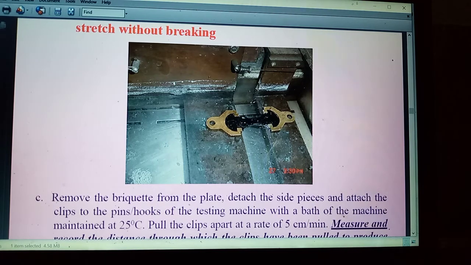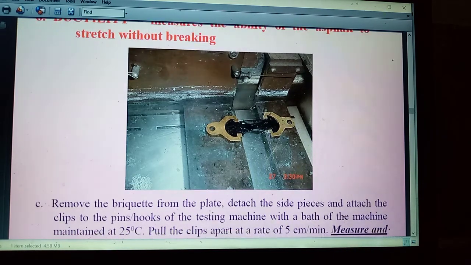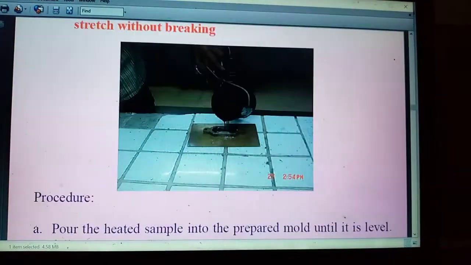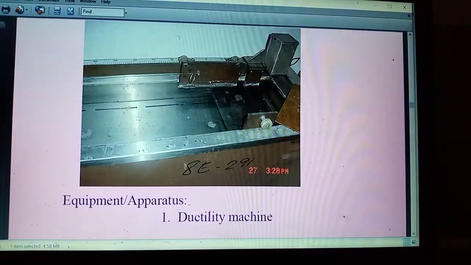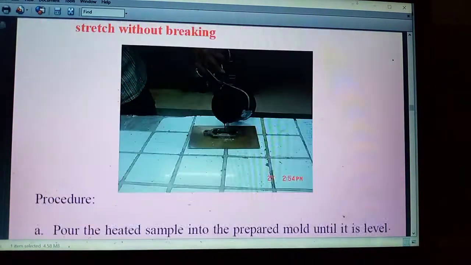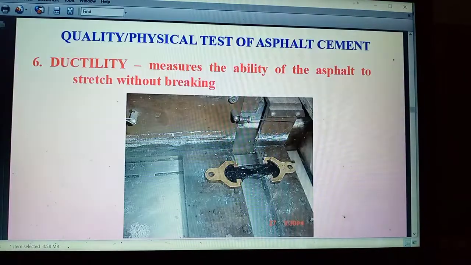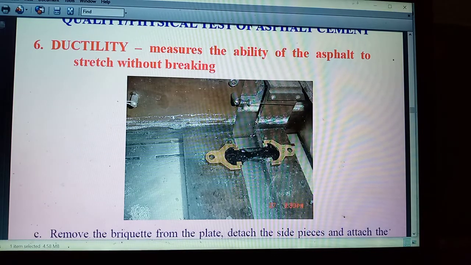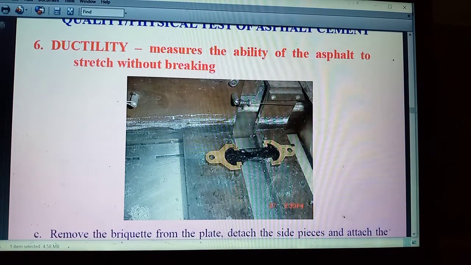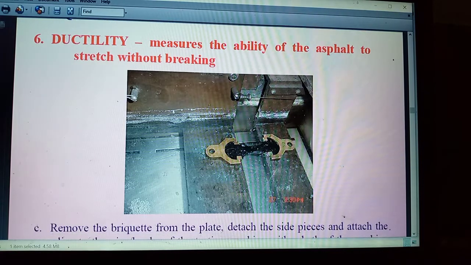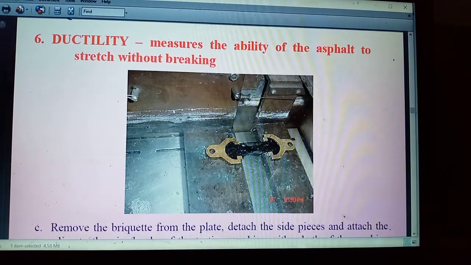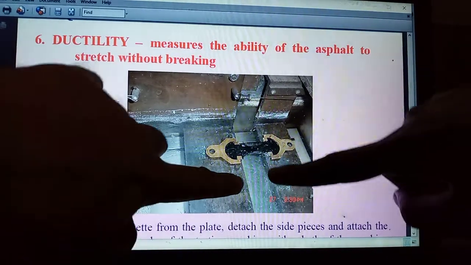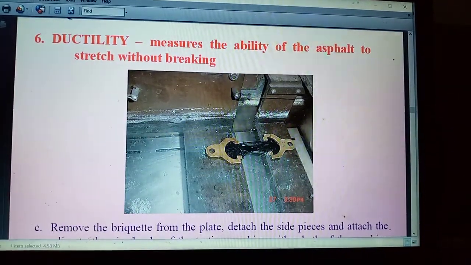So, yung ductility machine natin, meron siyang dalawang platform dyan na pwedeng hilahin doon magkabila, okay?